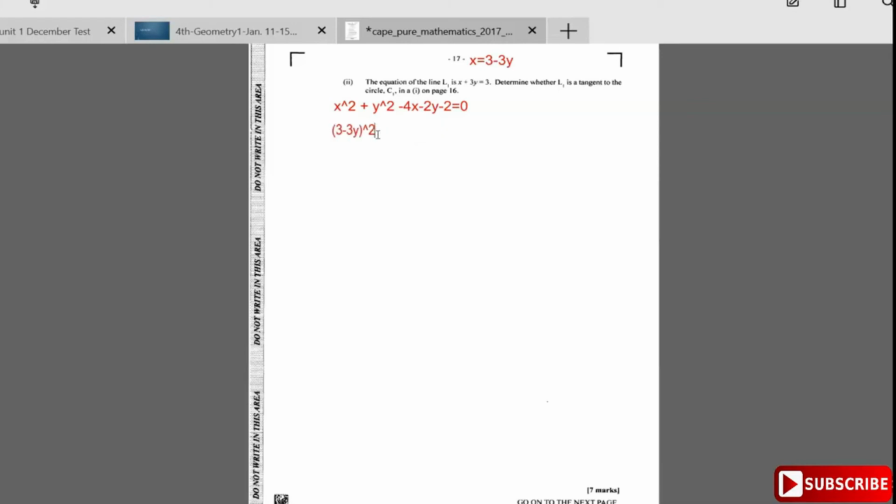Plus y squared, minus 4 times x, where x is 3 minus 3y, minus 2y minus 2 equals 0.